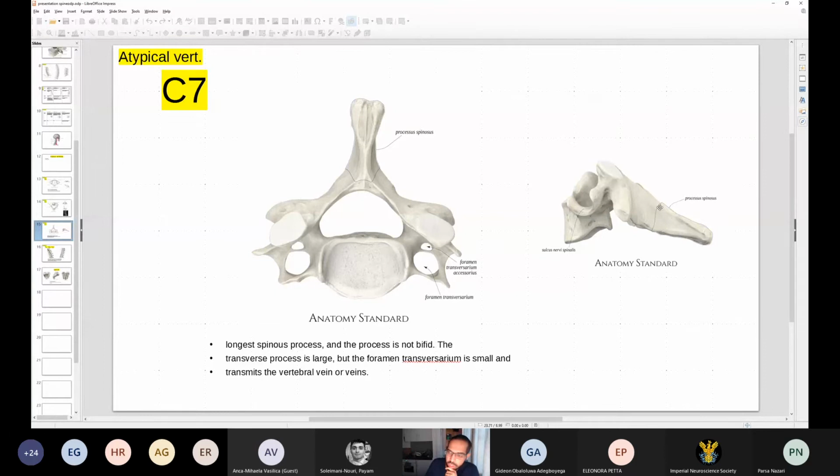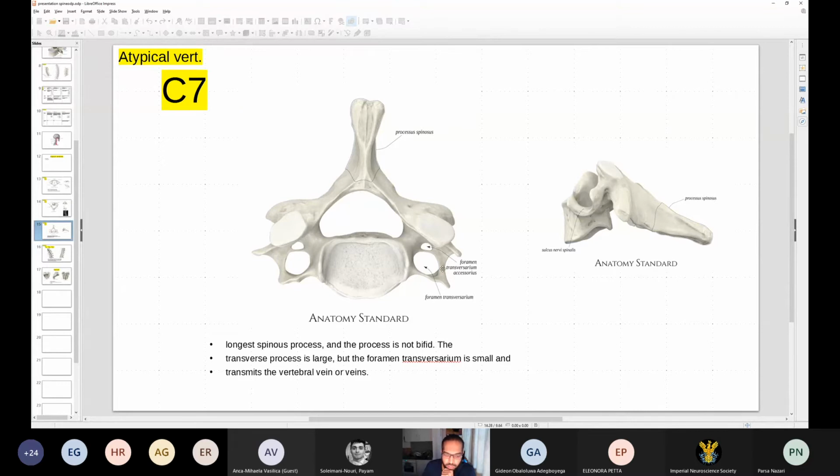You can appreciate it much more here. The thing that's atypical about this is that, one, it's got the longest spinous process, and also the spinous process is not bifid, unlike the rest of the cervical vertebrae.